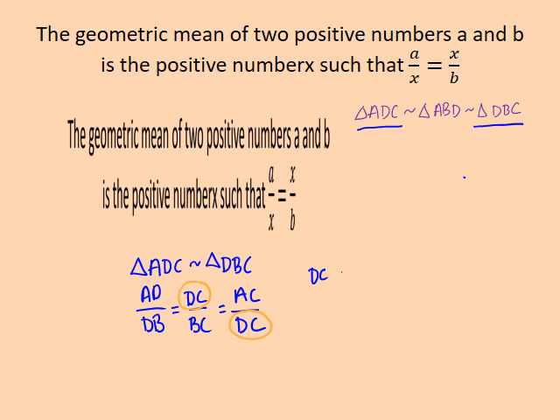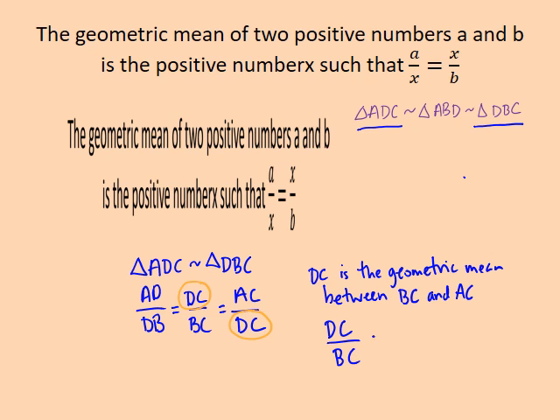So DC is the geometric mean between BC and AC. Because if you look at the proportion, DC divided by BC equals AC divided by DC. DC occurs twice in the numerator and the denominator when you look at this part of the similarity statement.